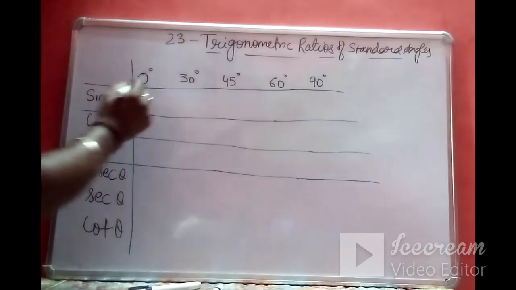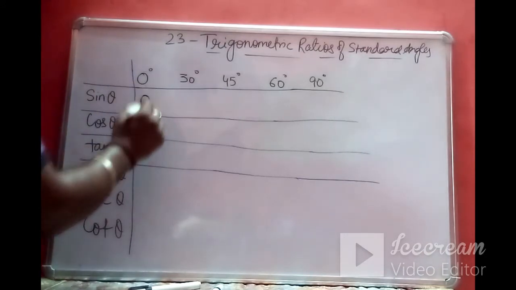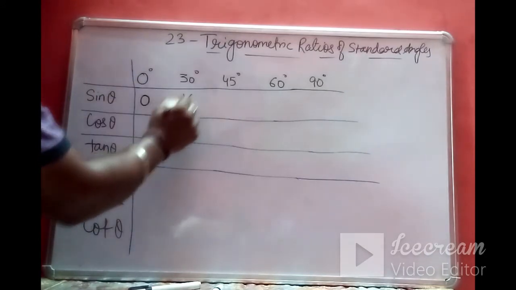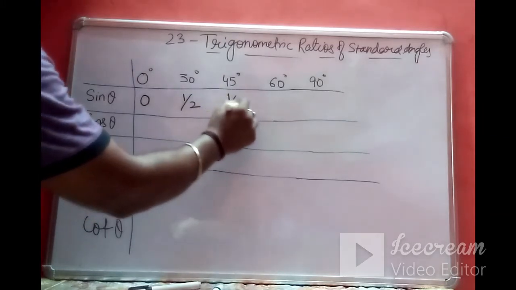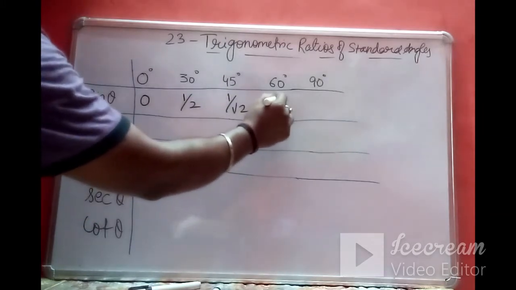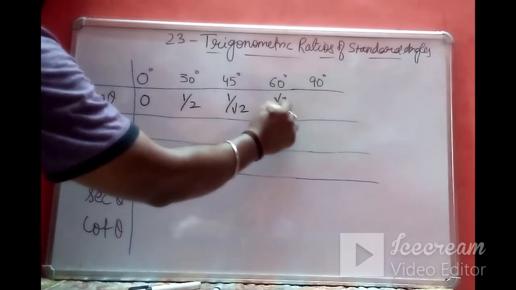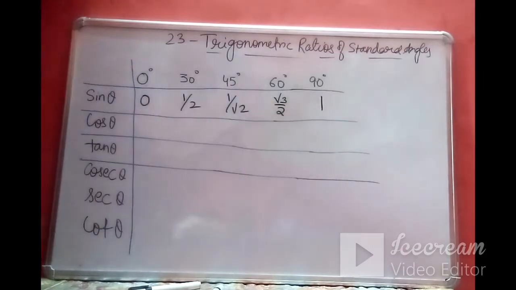Now first thing is sine of 0 degree. The value of sine 0 degree is 0, sine 30 degree is 1 by 2, sine 45 degree is 1 by root 2, sine 60 degree is root 3 by 2, and sine 90 degree is 1. So these are the standard values of sine theta when the angle is 0, 30, 45, 60 and 90 degree.